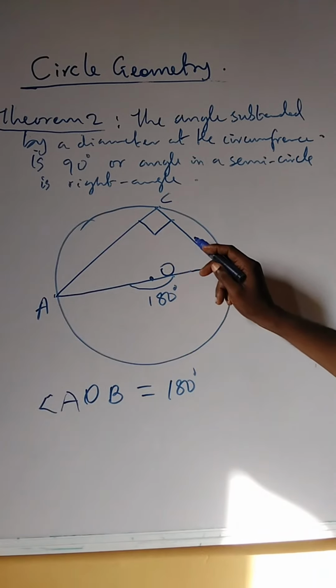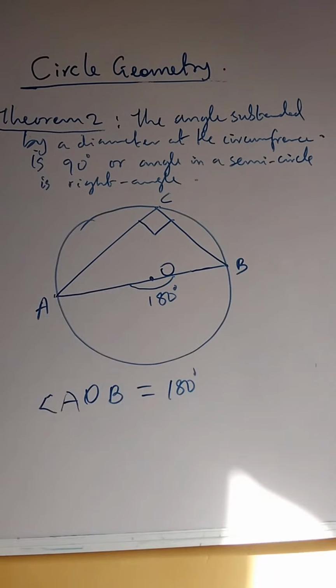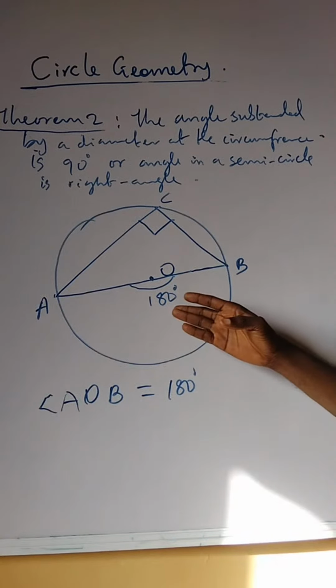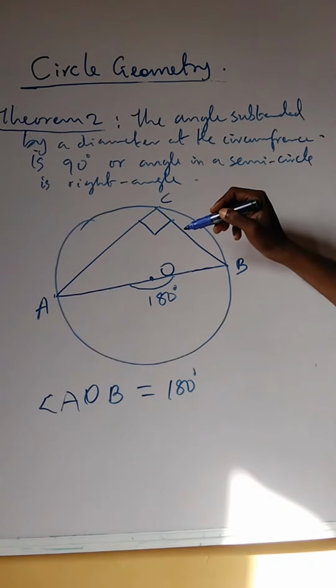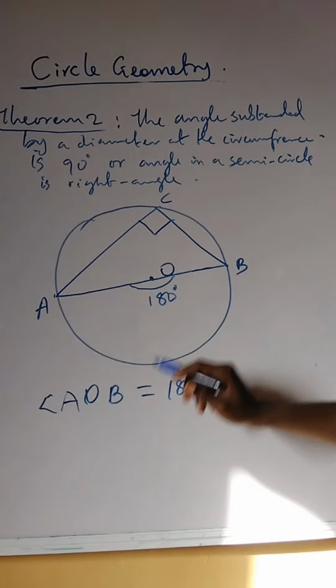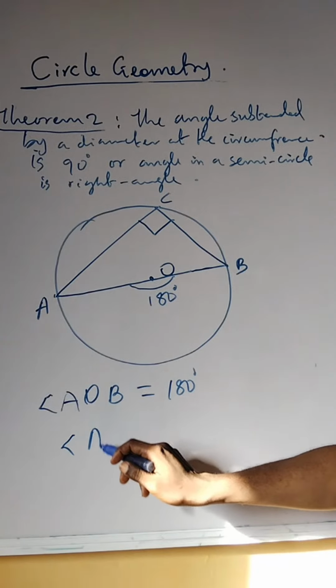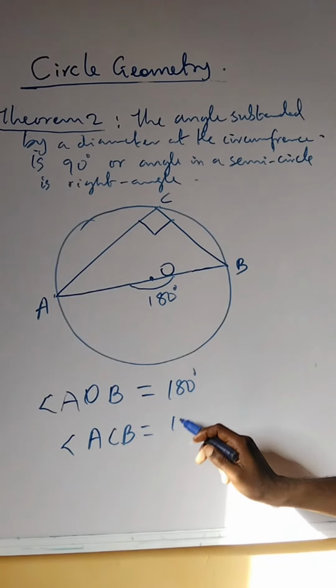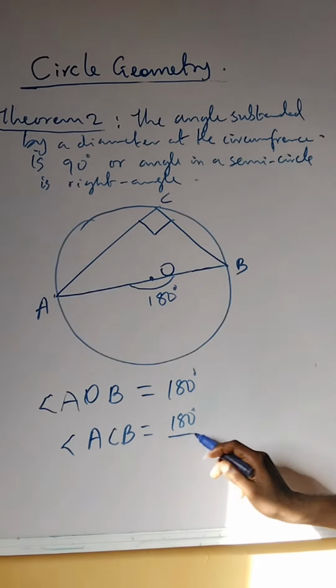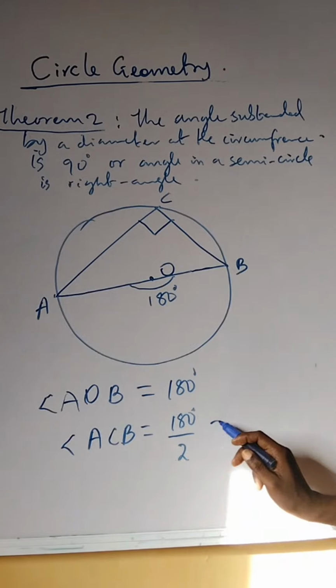And this is at the circumference. You know that the angle at the center is twice the angle at the circumference. So if we don't know this angle at the circumference, we just divide this one by 2. So angle ACB will be equal to 180 degrees over 2, which is 90 degrees.